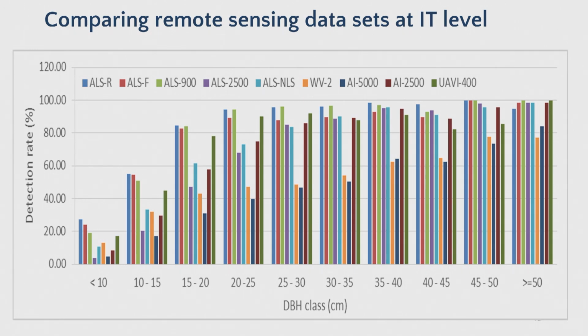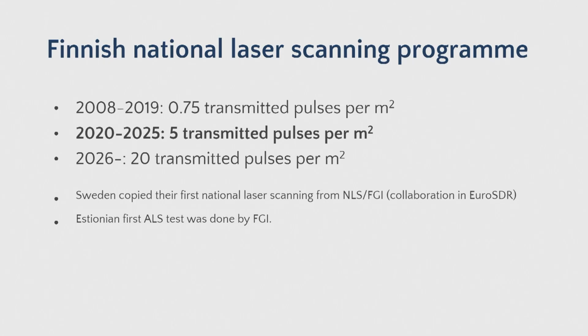If you talk about trees with a diameter less than 10 centimeters, you can get a maximum of 20% of them with ALS, but ALS is still the best. If you look at satellite data, perhaps it provides you less than 50% of the trees. And still, that is basically used everywhere.